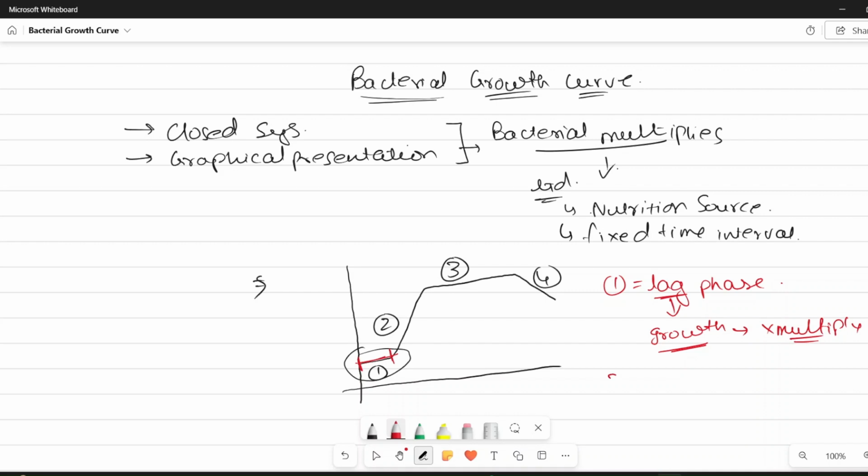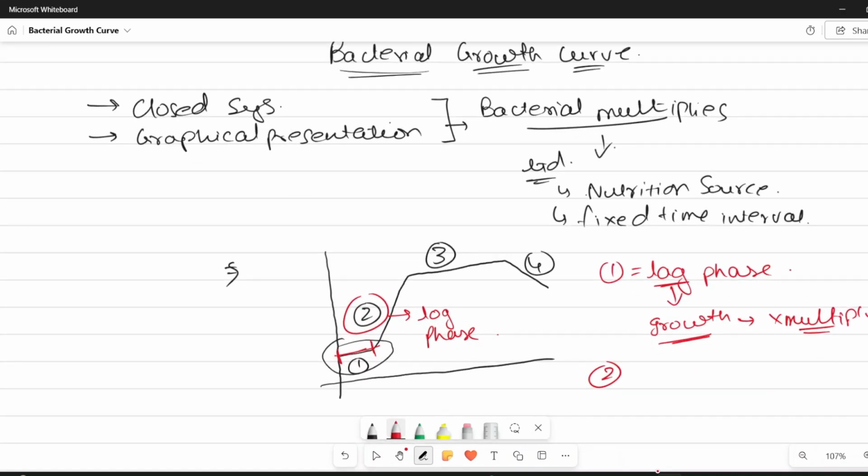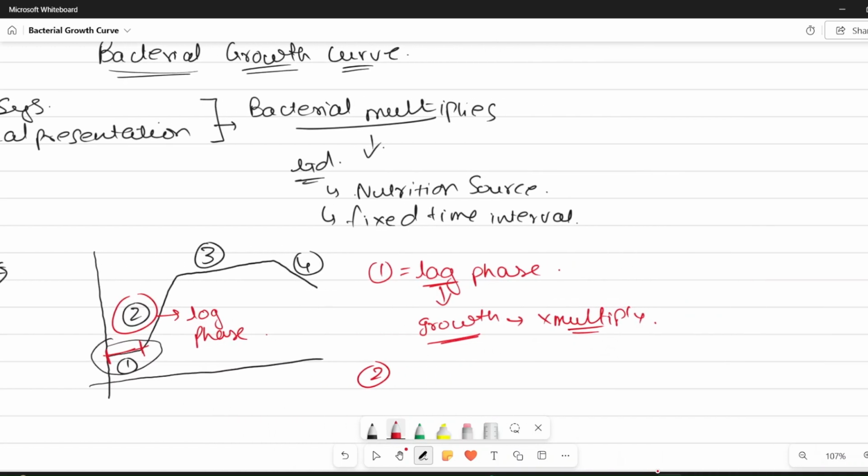Then the second part is called the log phase. It is also called the exponential phase.